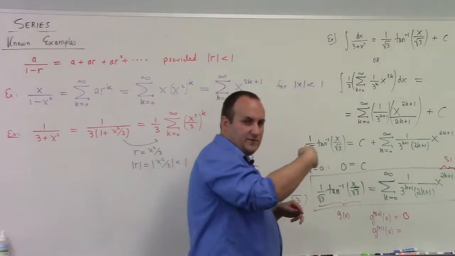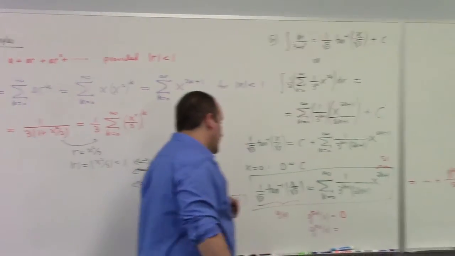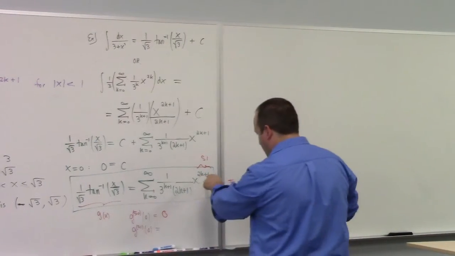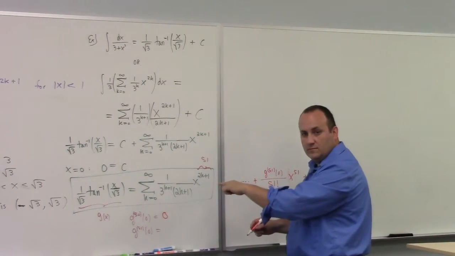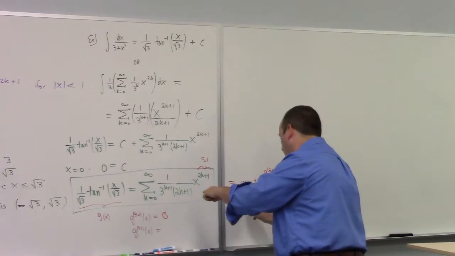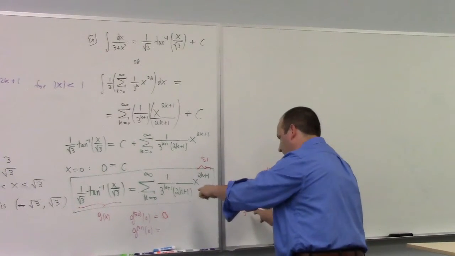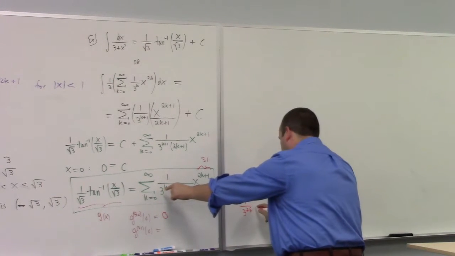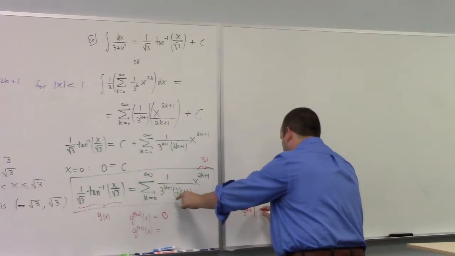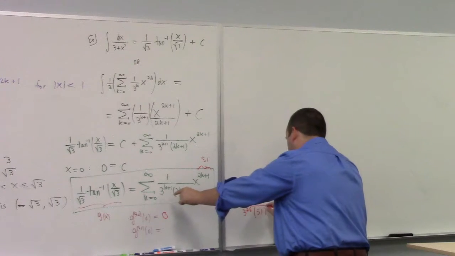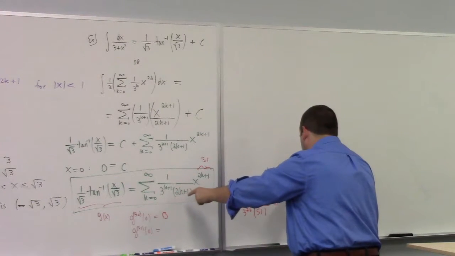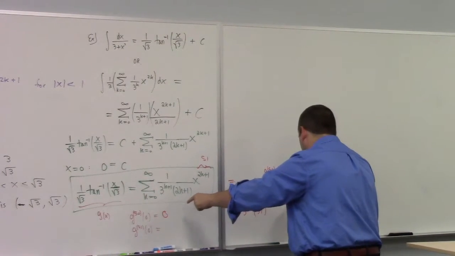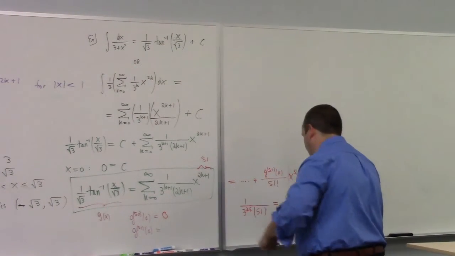So, in short, I put k equal to what, 25? So I get 1 over 3 to the 25 plus 1, 26, times, that's 51, right? Is equal to the 51st derivative at 0 over 51 factorial.